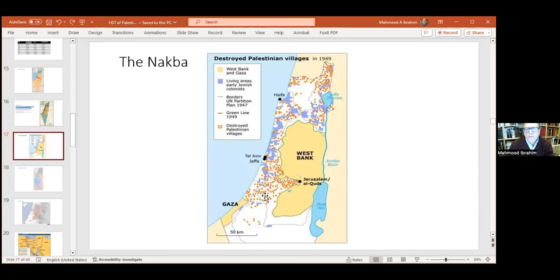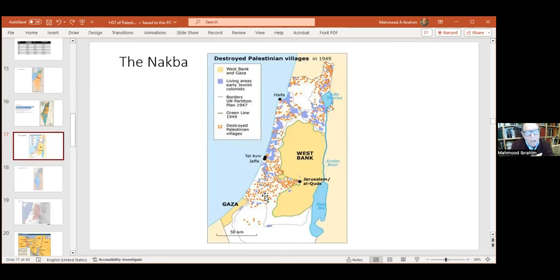As soon as people would be evacuated from the area, the Zionist forces would destroy the town, and that is specifically so that they will not come back. There is no place to come back to. And upwards of 525 villages were destroyed altogether. This is where these 750,000 Palestinians had lived.